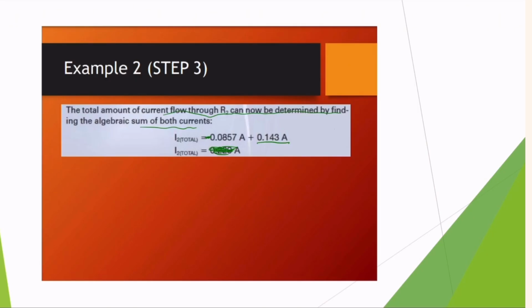Since they have different directions, one goes down, the other goes up, so the algebraic sum will have a minus sign. That will be the difference of the two. The result will be 0.143 minus 0.0857, which gives us 0.0573 amps. That would be 57.3 milliamps.